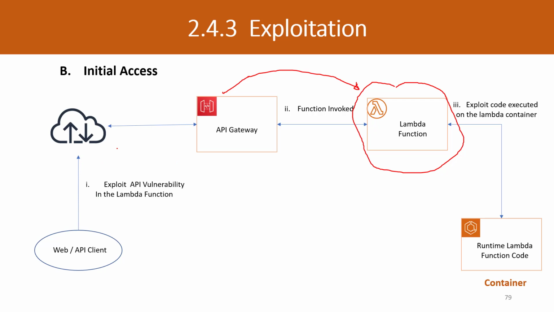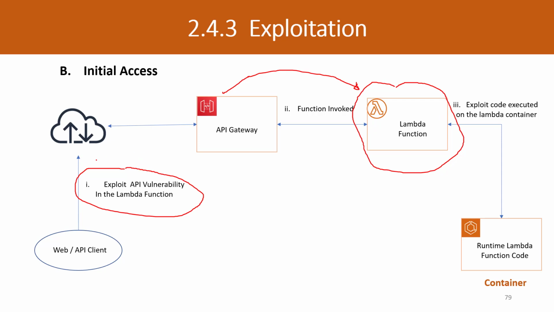Suppose this API gateway is publicly exposed and we can access the API, and we find that there is a vulnerability, a web-related or application-related vulnerability, in the API, and we exploit this vulnerability to get the initial access.